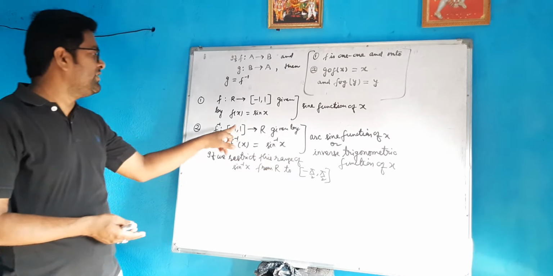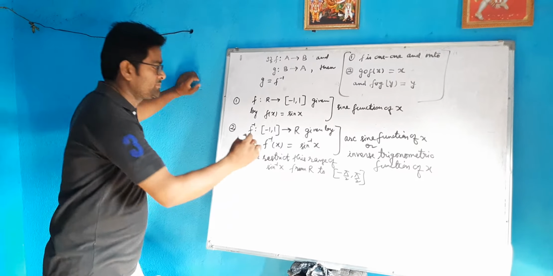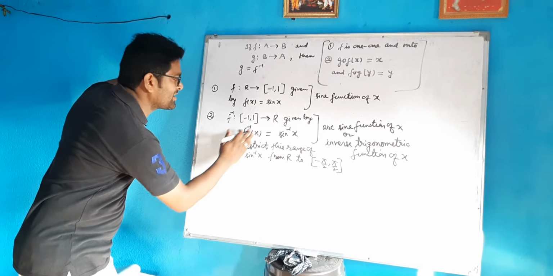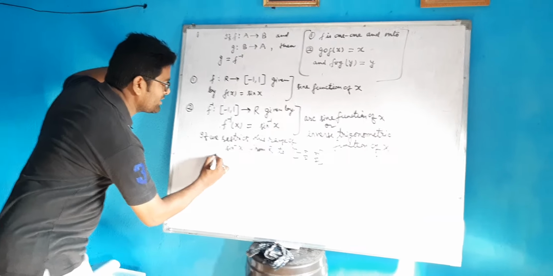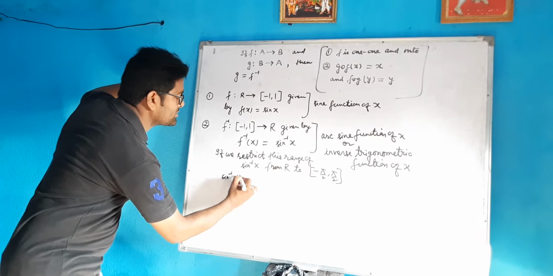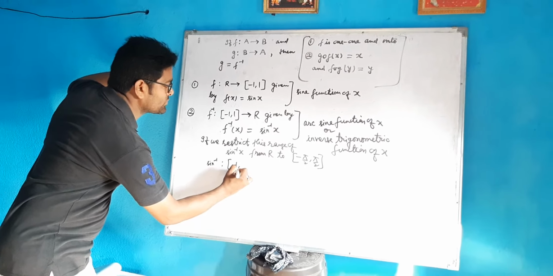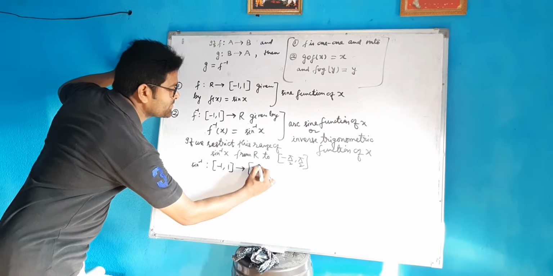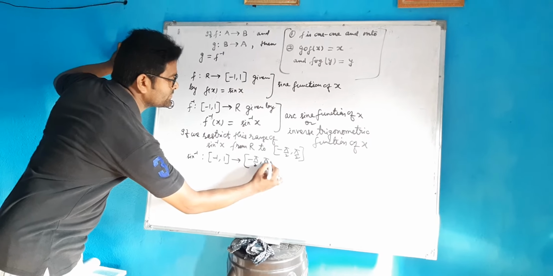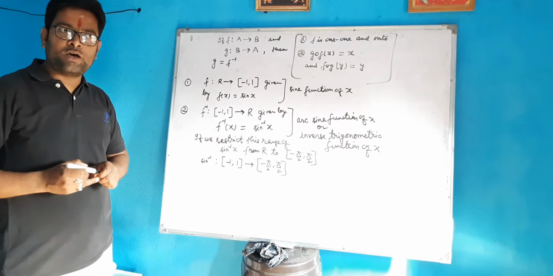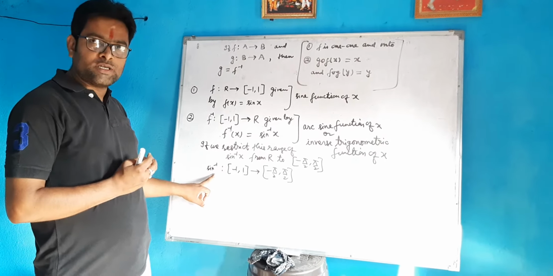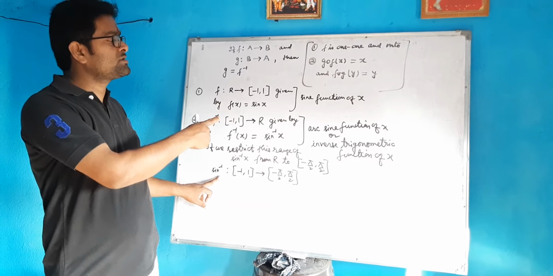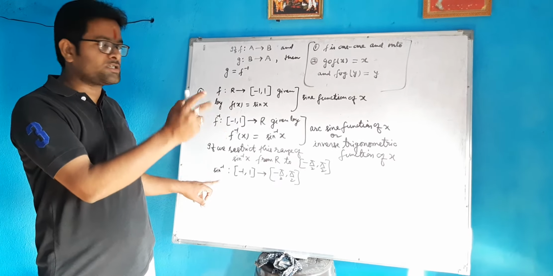Now I will rewrite its range. I will write directly sine inverse. So the sine inverse function is a function from minus 1 to 1 to minus pi by 2 to pi by 2. Now the sine inverse function is an inverse trigonometric function in terms of sine.